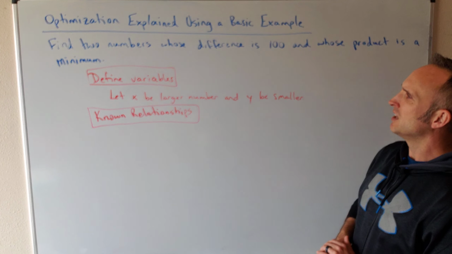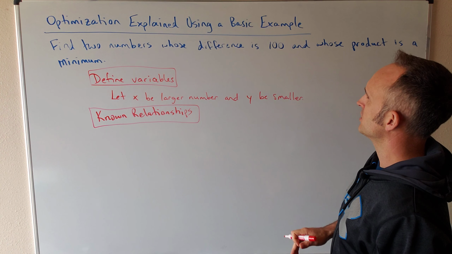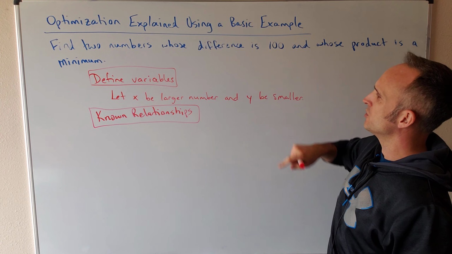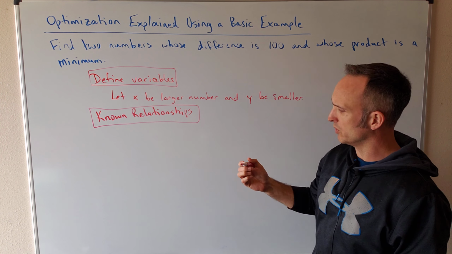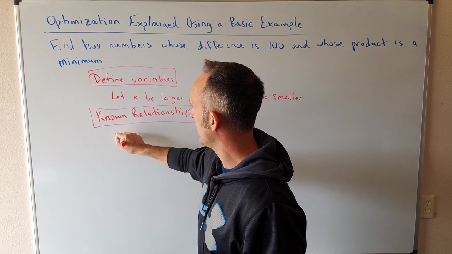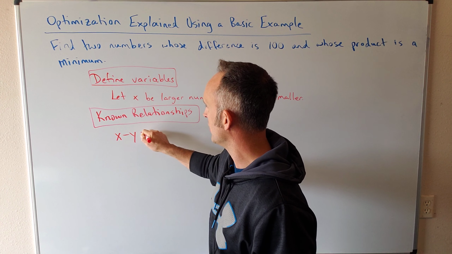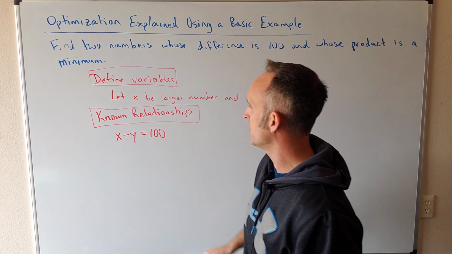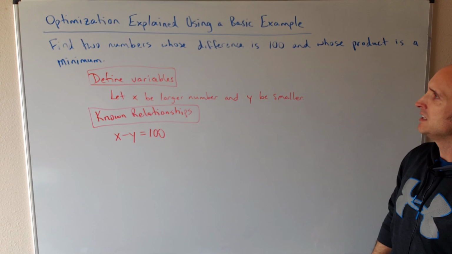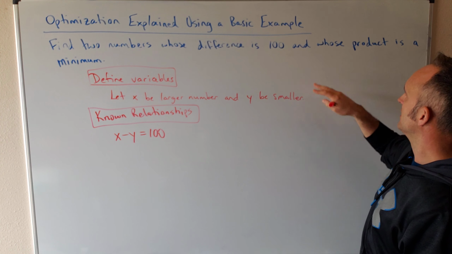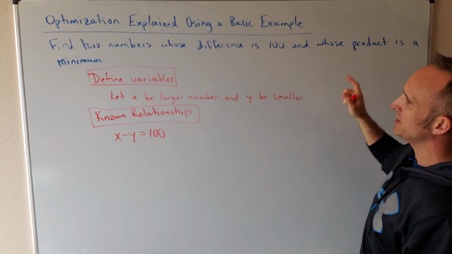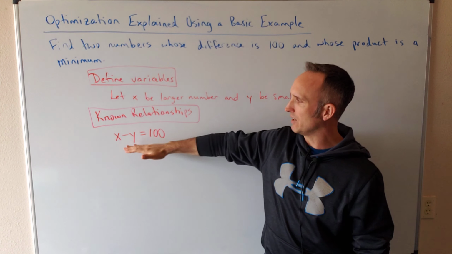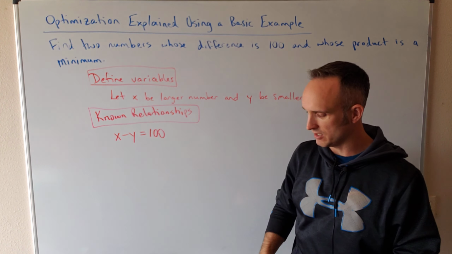Okay, so x and y are the two numbers, and we know that the difference between those numbers is 100. In other words, if I take the bigger number x minus y, I know that I get 100. Okay? Now the next part we need is the product to be a minimum. In this case we only have one known relationship, so that's not an issue.